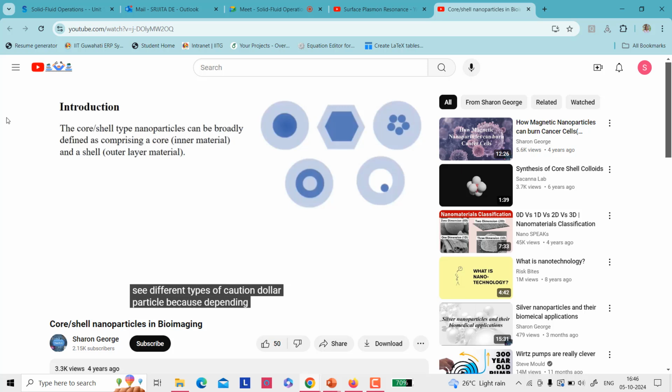And how are they formed? They are formed by chemical synthesis, chemical vapor deposition, laser induced assembly, self assembly, colloidal aggregation, film deposition, and more. Now we'll tell the importance of core shell nanoparticles. They provide finely functional material with modified properties.